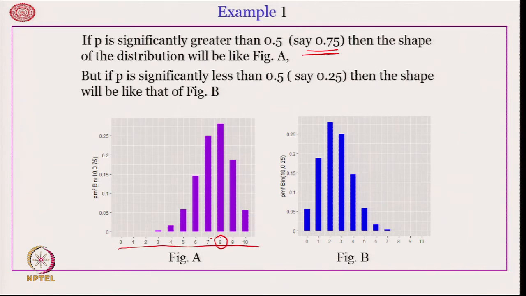On the other hand, if the value of p is significantly lower than 0.5, for this illustration we have considered it to be 0.25, and we can see that the bar chart describing the probabilities looks like this, which is not symmetric around the mean at all; it has a skewed distribution.